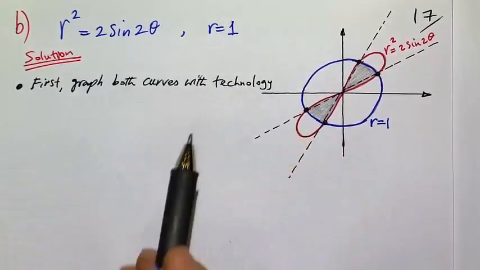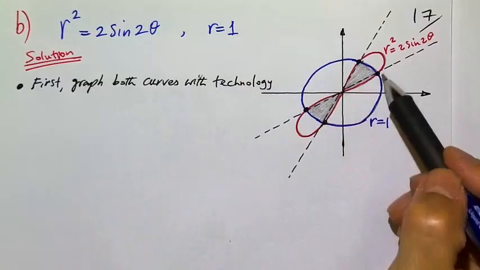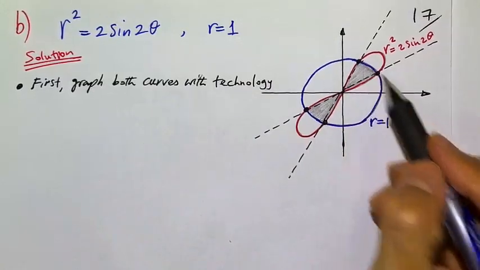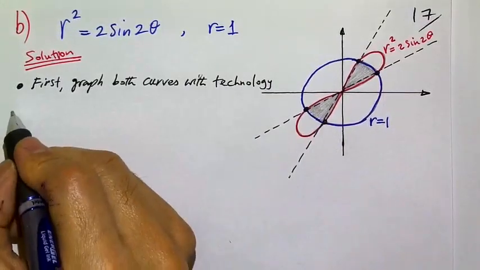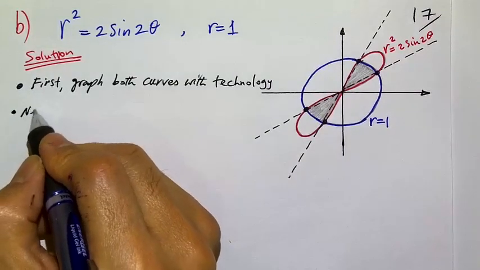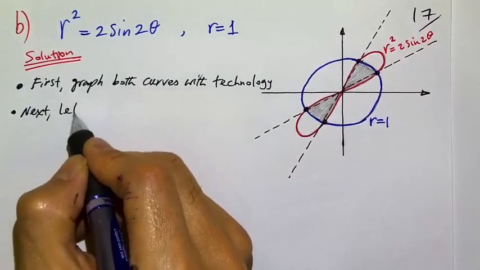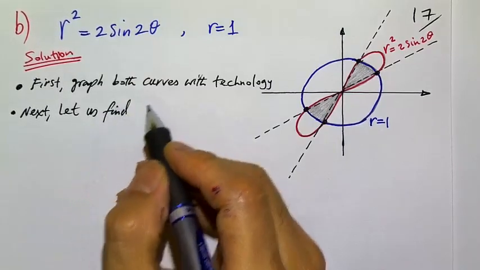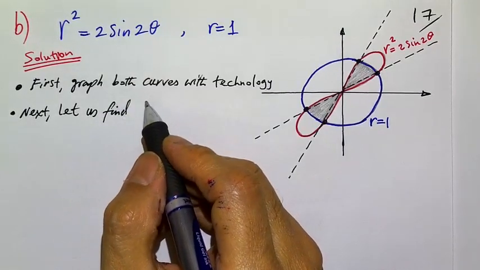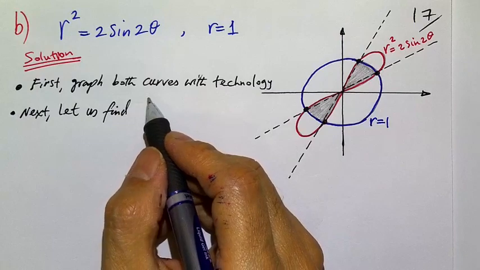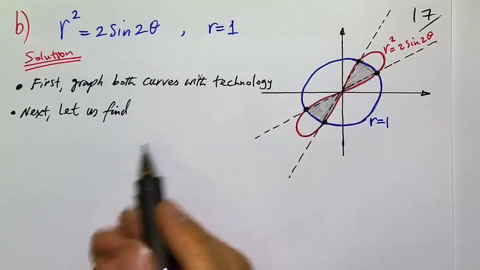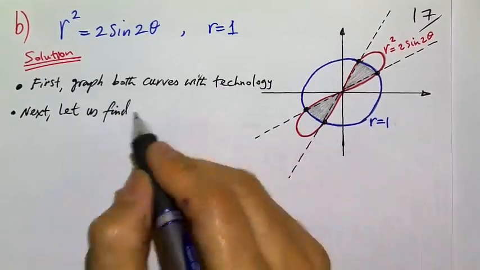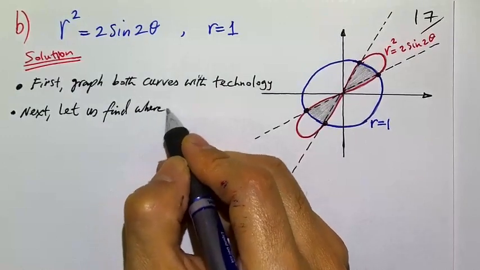Technology, right? Now, let us find the intersection points. So this one, and this one, and this one. Let's find where the curves intersect.